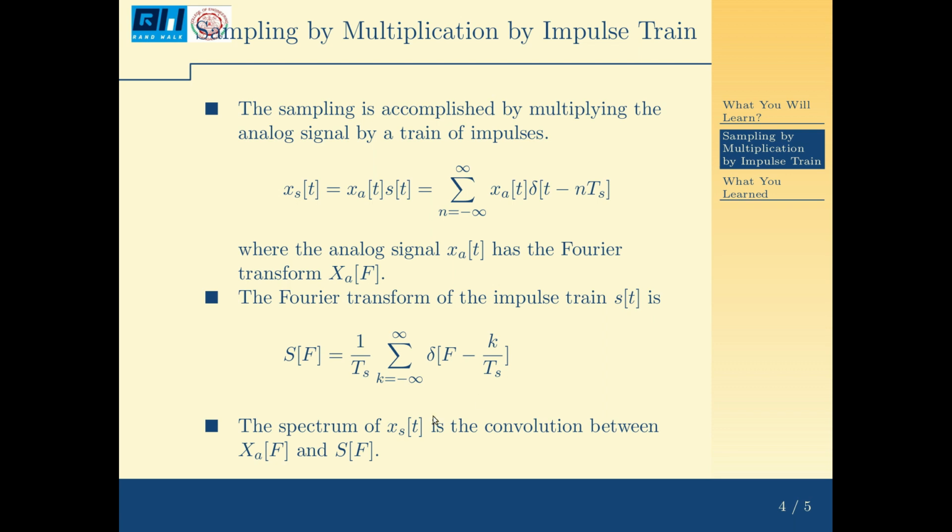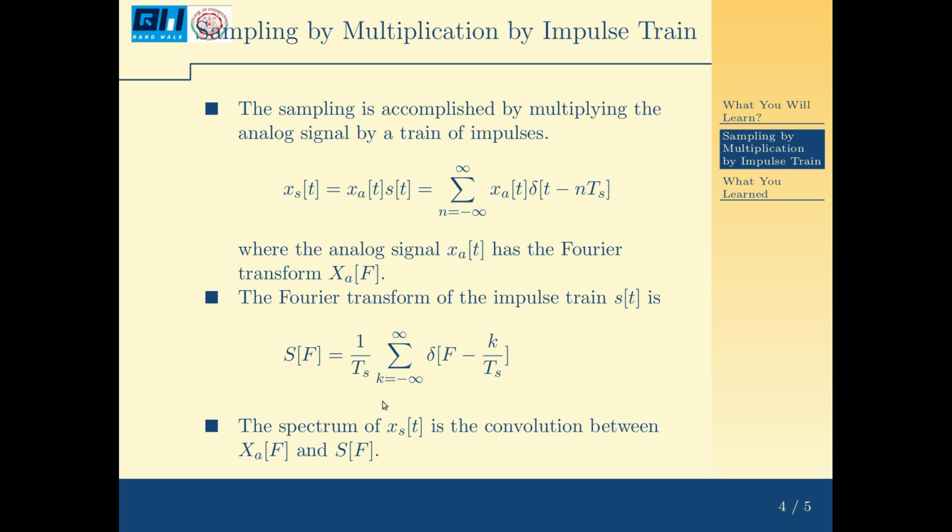So when I multiply, it is a time domain multiplication: xs(t) is obtained by multiplying xa(t) by s(t). In the frequency domain it appears as a convolution between Xa(f) and S(f). So Xa(f) will be convolved with this sequence of impulses.